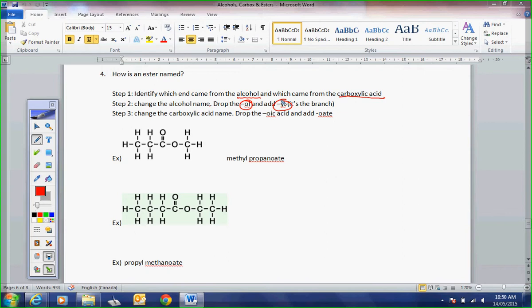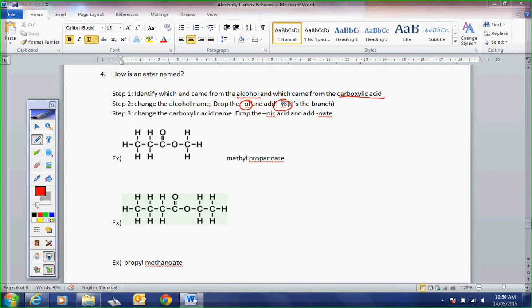Now these branches could be weird. They could be methyl propanol, right? And then it becomes methyl propyl. So we could have a branch of a branch all of a sudden. Do you drop the N too, or would it be methyl propyl or propanol?